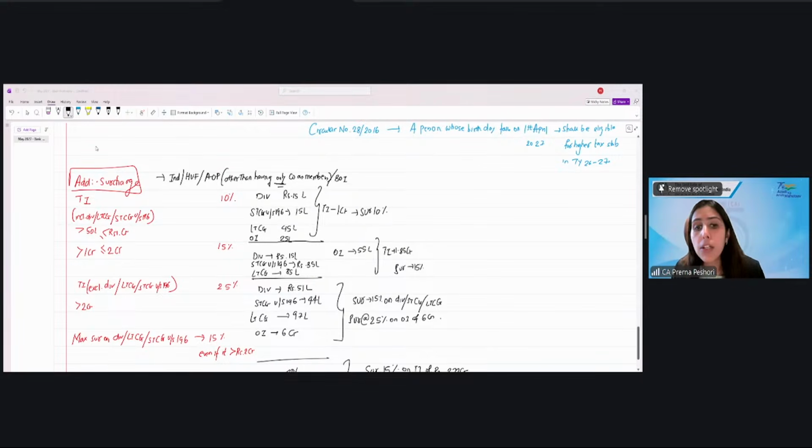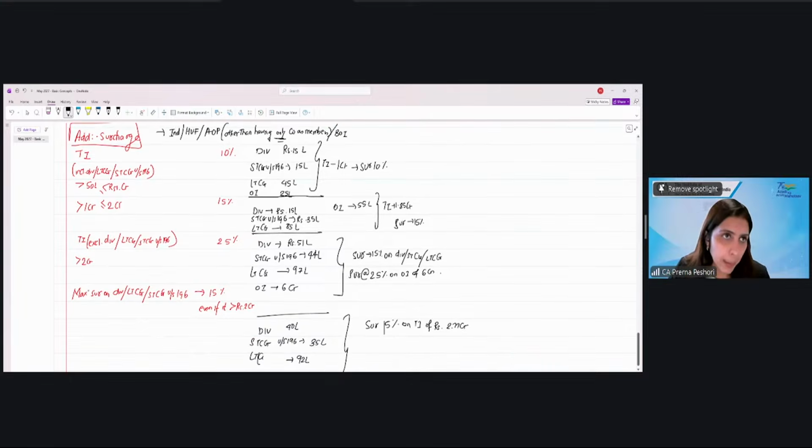Okay. Now coming to the old tax regime or the optional tax regime. What are the surcharge rates? It is very much similar. It is not something which is different. However, there is just one exception over that.